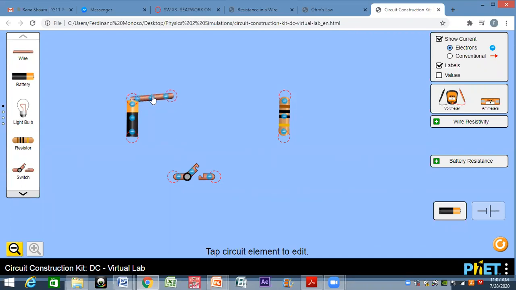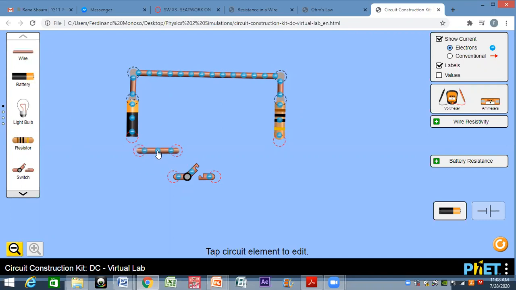So let's make our circuit a little bigger. Let's move this up. So this is the wiring. We'll simply attach it in a manner where we can have a bit of a space. So we are simply connecting our battery with our resistor. Okay, so this is now our battery with the resistor and the wire, and let's complete our circuit.